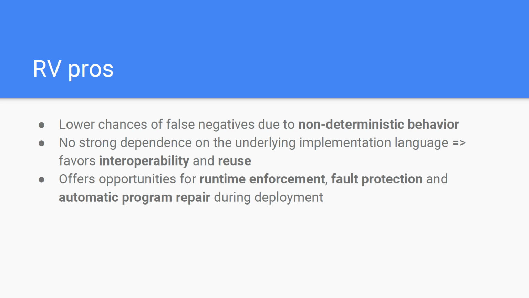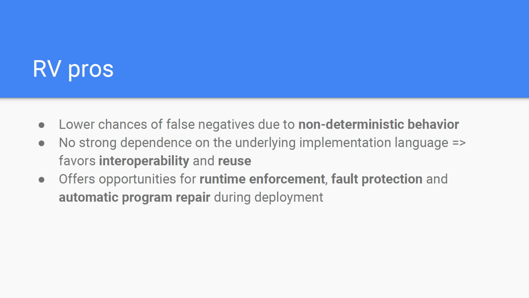In general, there is no strong dependence between the specification language and the underlying language used for implementing your system. So they can be separate, and this is good for interoperability and reuse of your properties. You can express your properties once and for all, and then use your specification for checking similar properties of different systems.